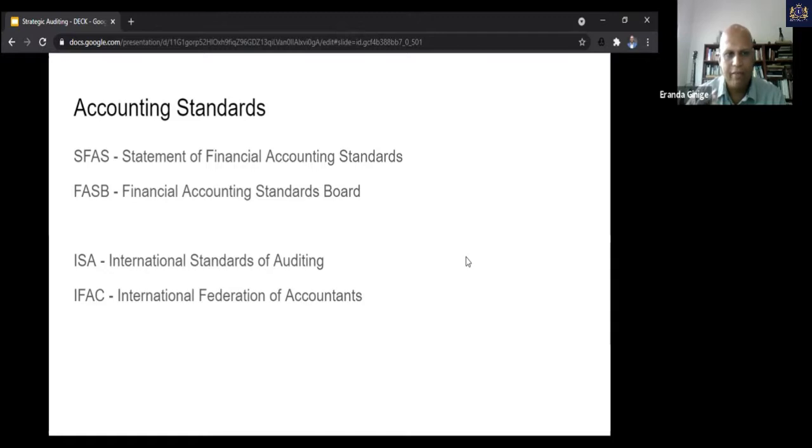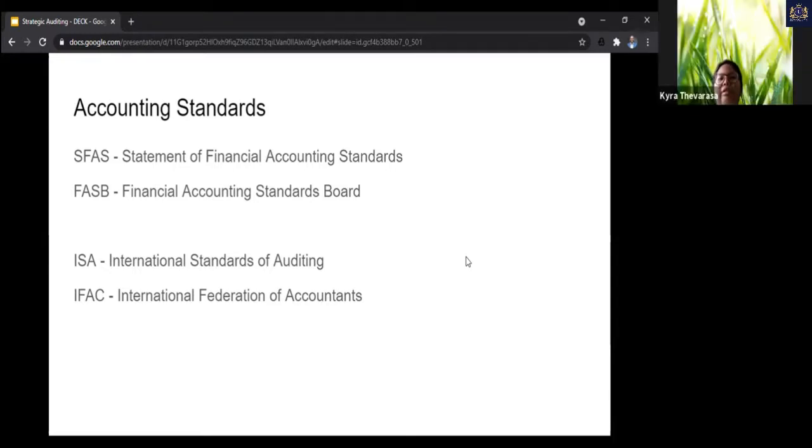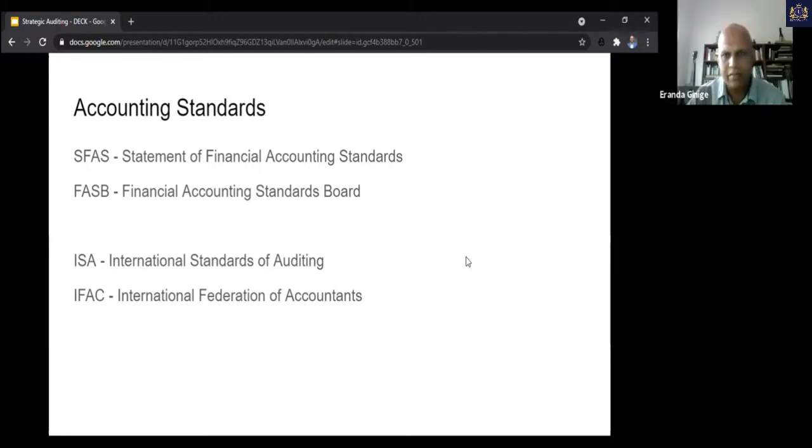And then you also have international standards of auditing, particularly targeting auditors, developed by the International Federation of Accountants. So these are some of the most basic accounting standards that are being used, and they complement the GAAP and the international accounting practices.